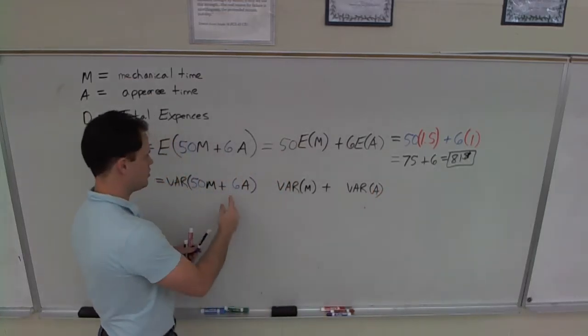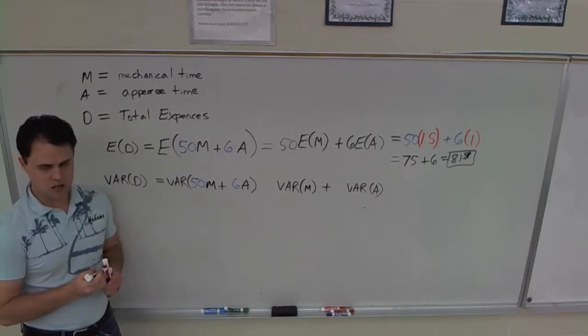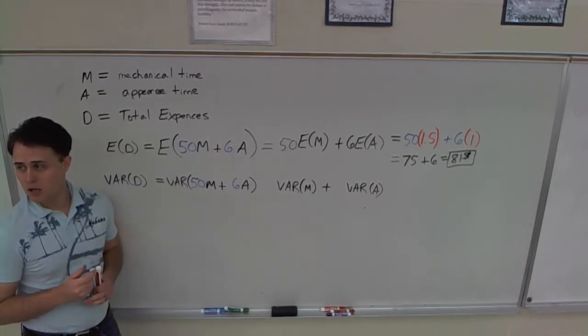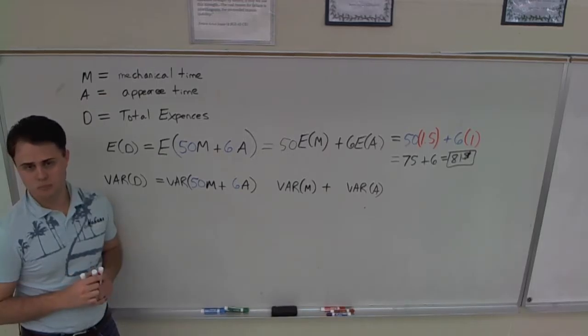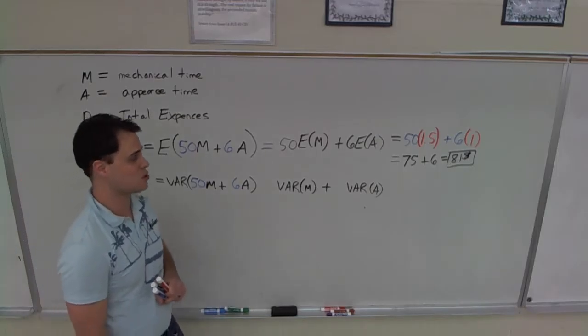Except when you have 6 or 50 inside of a variance, what happens when you pop it out? It's squared. You gotta square it when it comes out.